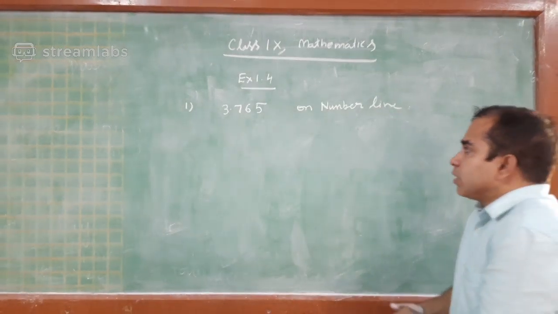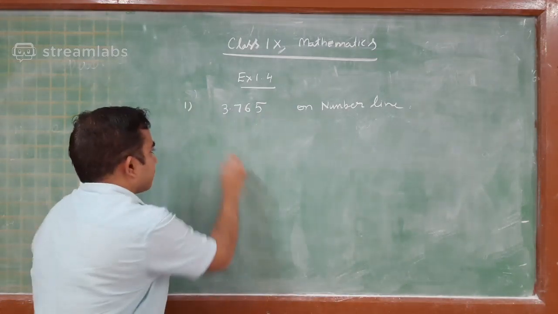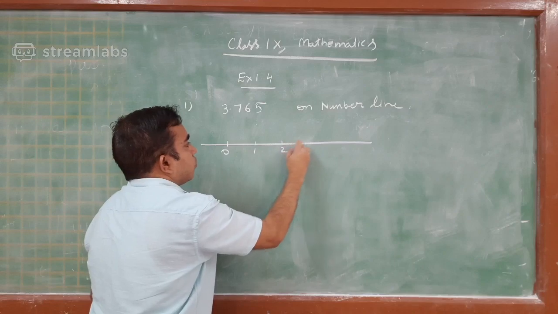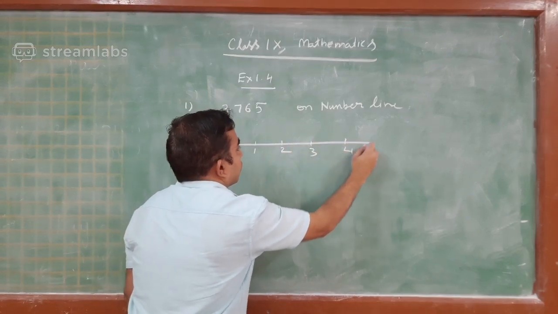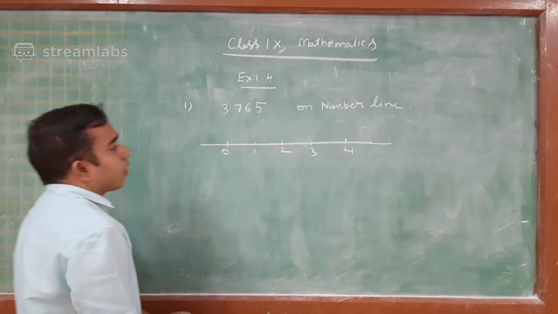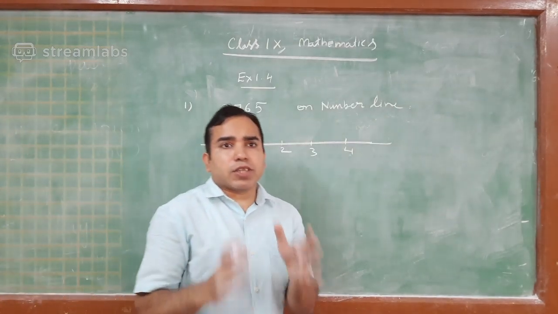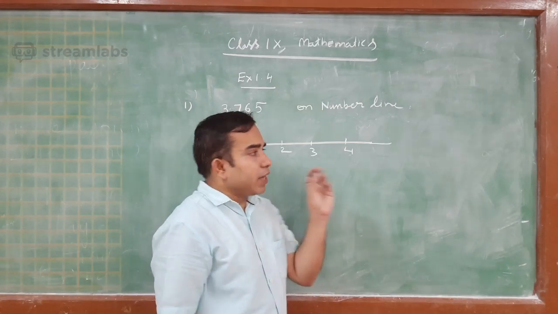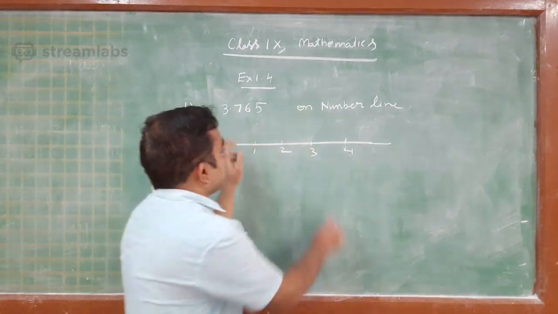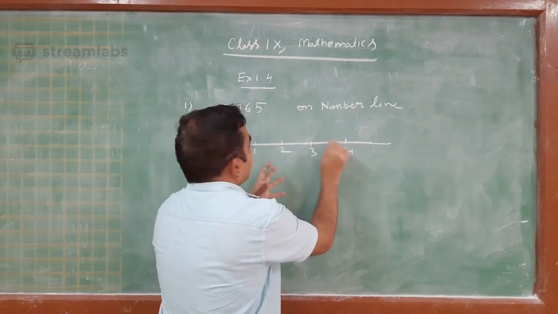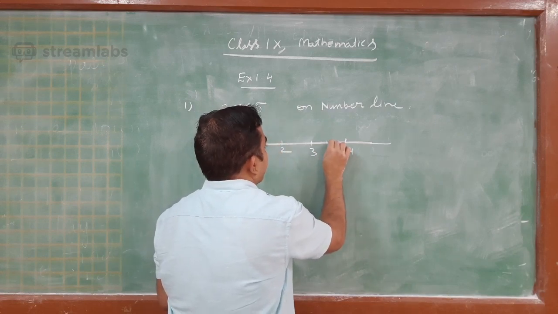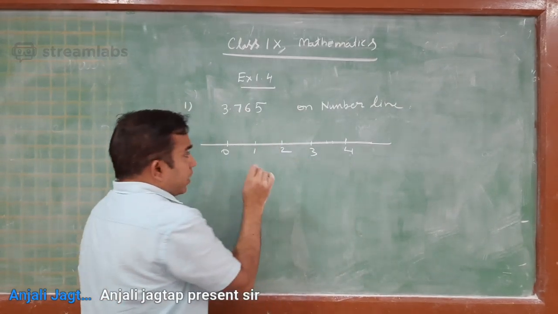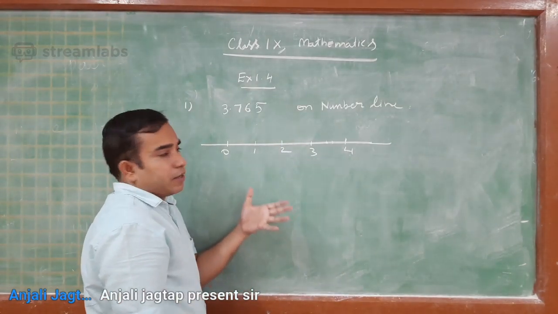Okay. Let's draw a number line. 0, 1, 2, 3, 4, 5. First determine where 3.765 will lie on the number line. See, 3.5 will lie between 3 and 4, right? Somewhere here, near 3.7. So we have to draw its magnified version.